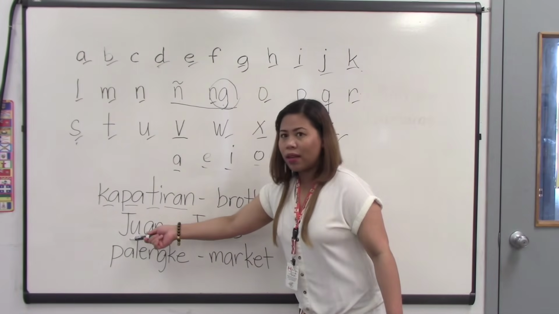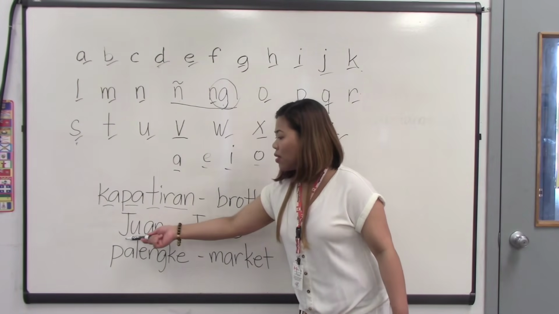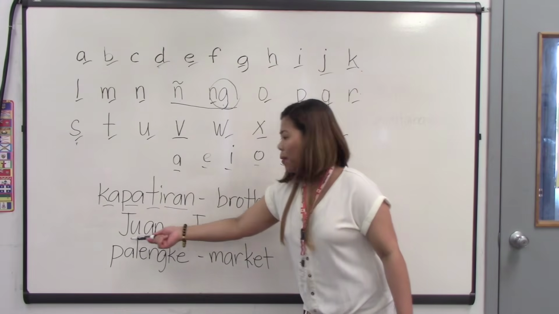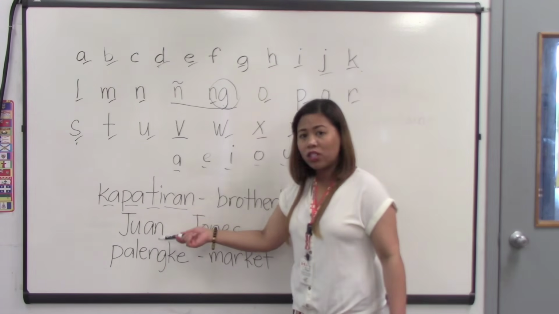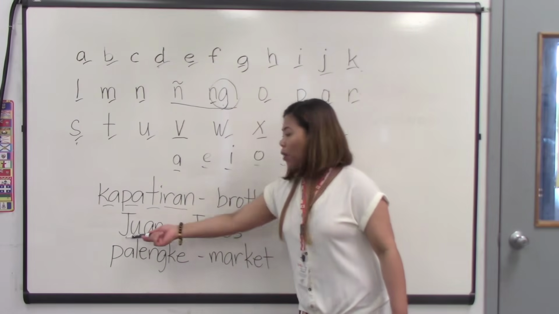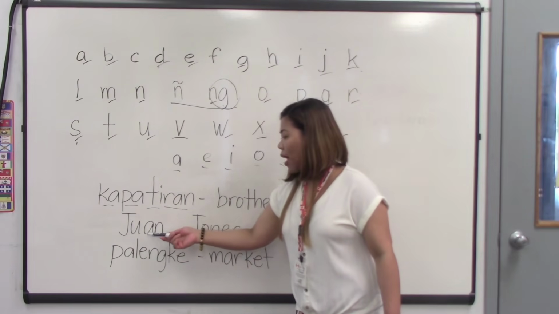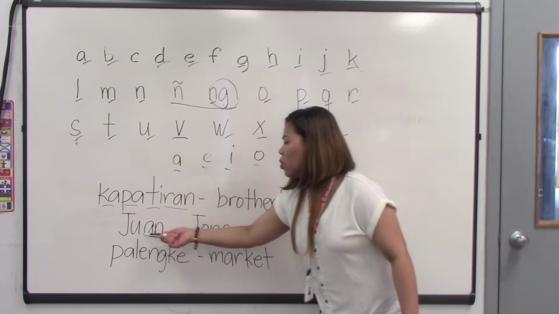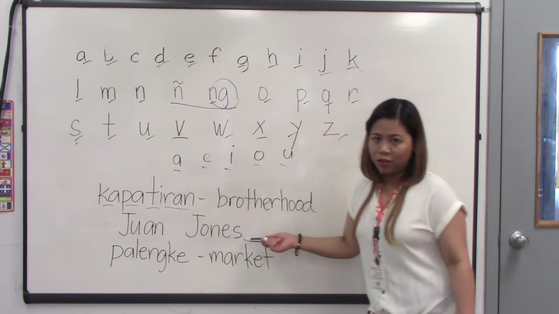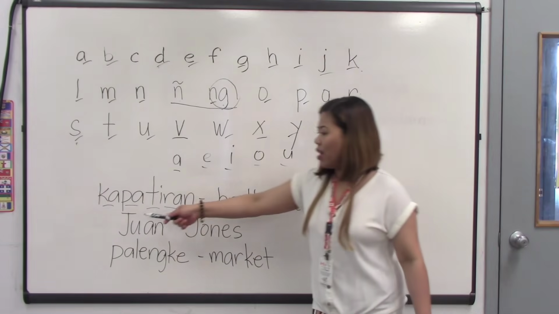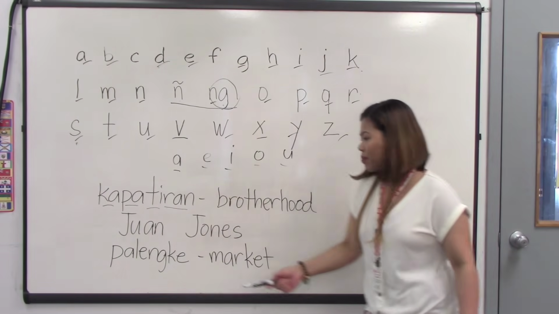So the proper pronunciation of this name is Huan because it's from a Spanish name. The English name for Juan is John. But Juan is from the Spanish language. So this is Huan Jones, not Juan Jones. Okay? J here became an H.